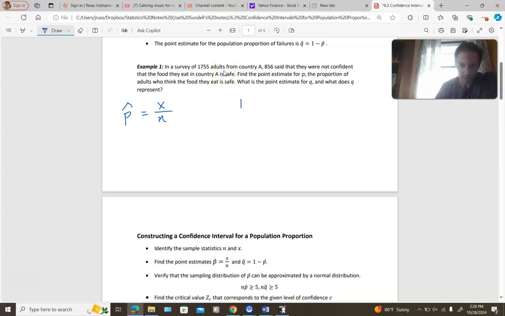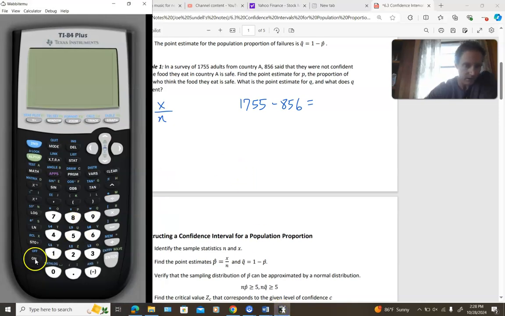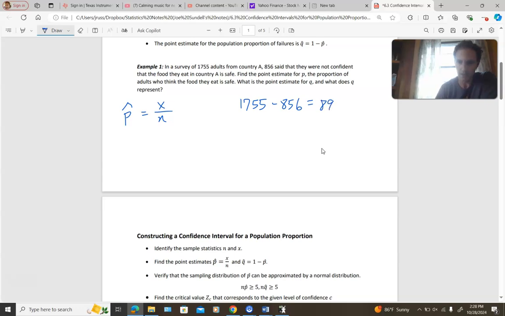So to find the number that do think that the food is safe, we need to subtract 856 from the sample size. And we get 889, okay?